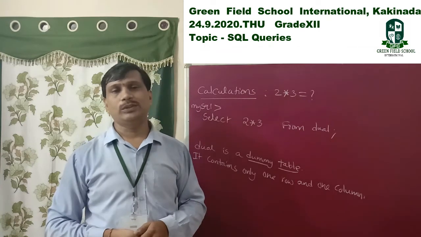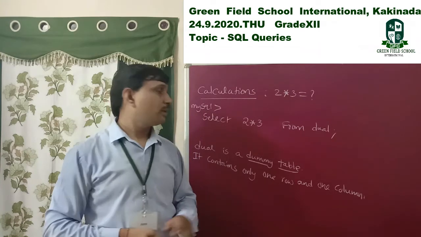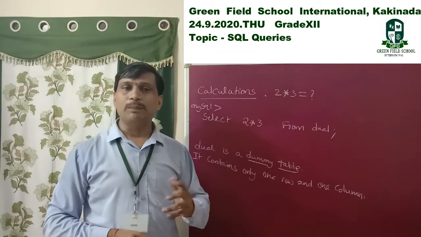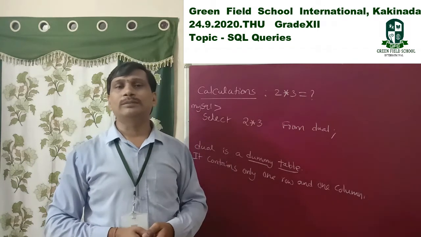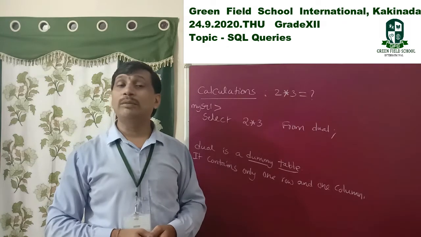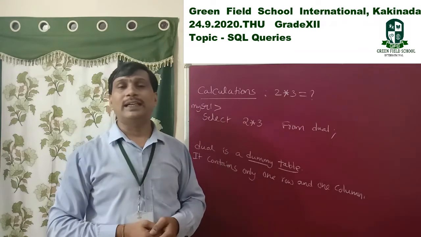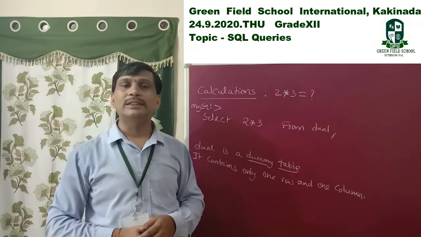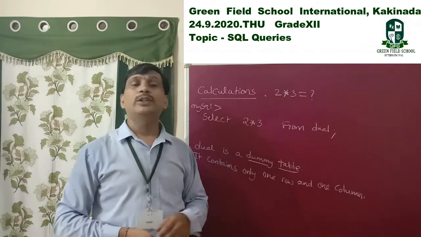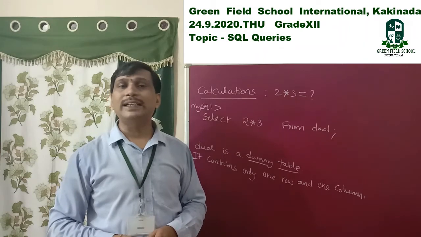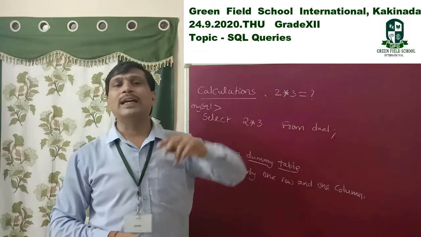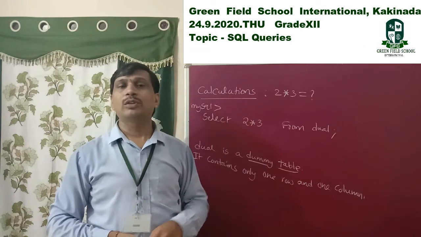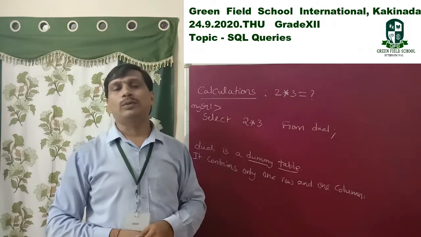Like that, here also we calculate everything by using this. The dual table supports one row, one column. One row, one column means the last example I calculated.